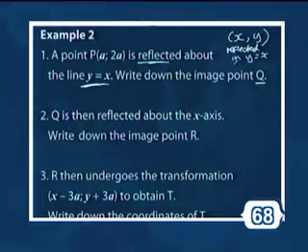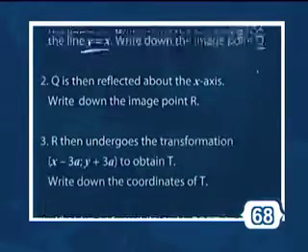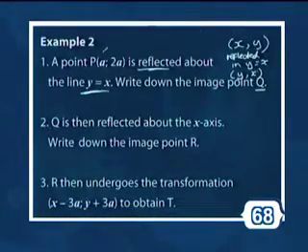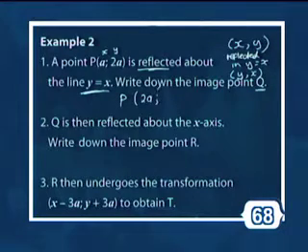So your new set of coordinates will be of the form (y, x). So therefore, since my x value here is a and my y value is 2a, once we reflect it in the line y equals x, we are going to get the point Q as (2a, a), so the y value comes first, and then a.